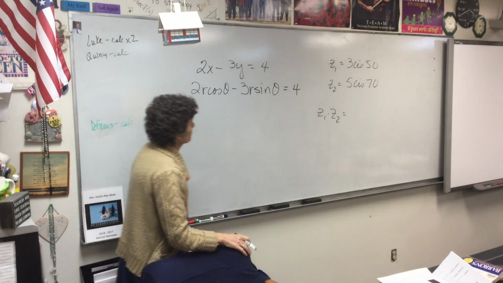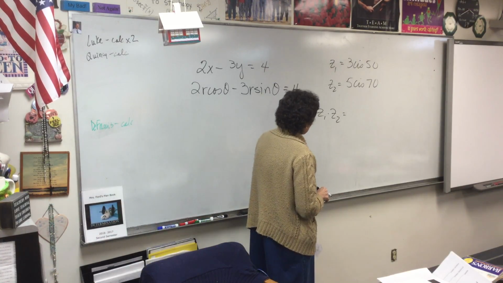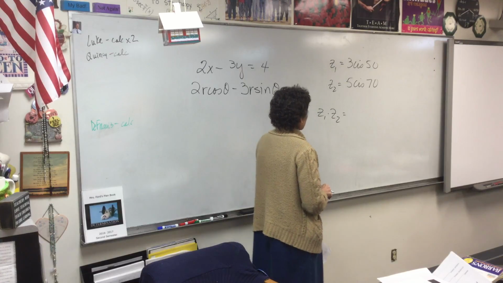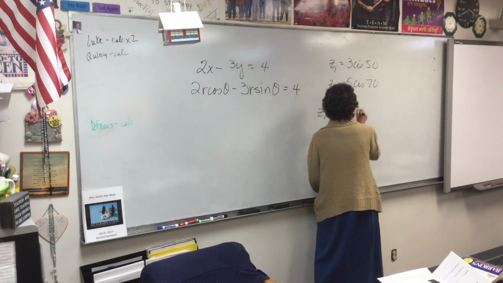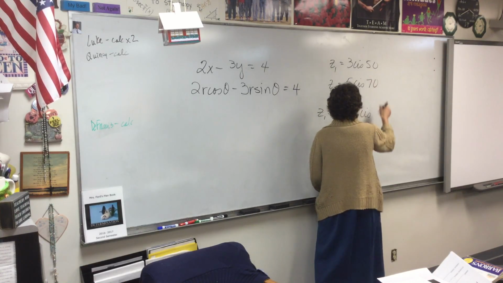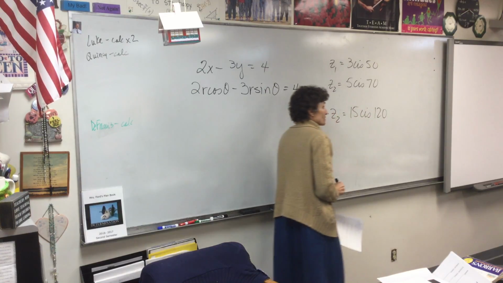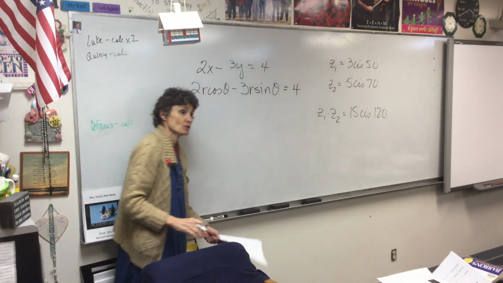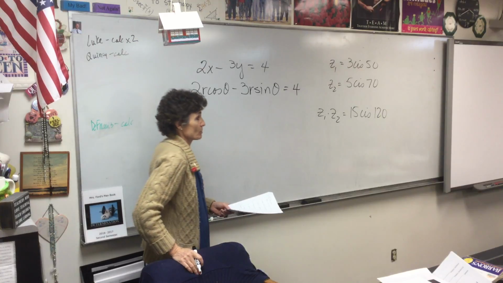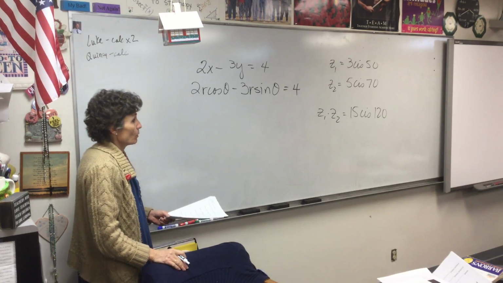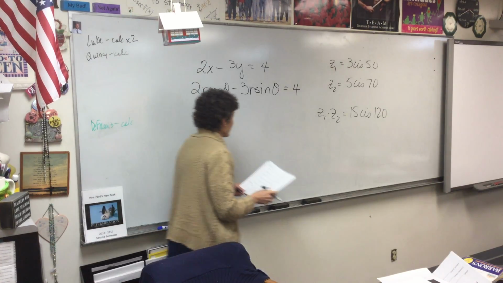Millie? Multiply the coefficients and then add the degrees. Exactly. So we're going to multiply the r's, like she said, and we're going to add the angles. So there would be the answer. That's all there is to it. When we multiply numbers in polar form, we multiply the r's and add the angles.